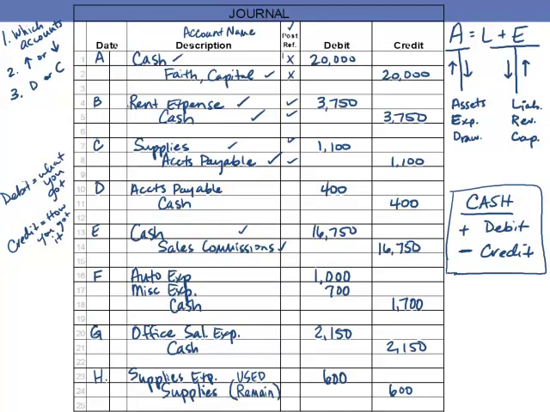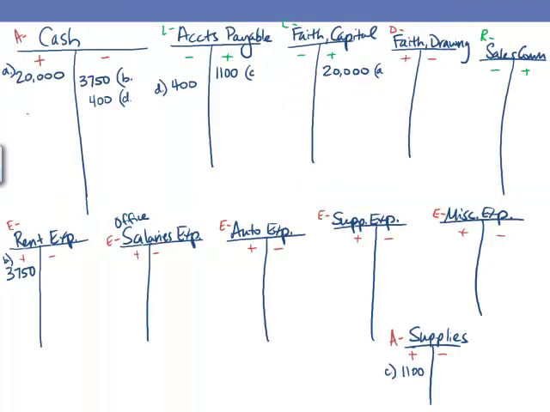All right, next, cash and sales commissions, $16,750. So cash, debit, $16,750. We increased cash. And sales commission credited $16,750. We made money. We can keep up with the amount that we've earned.